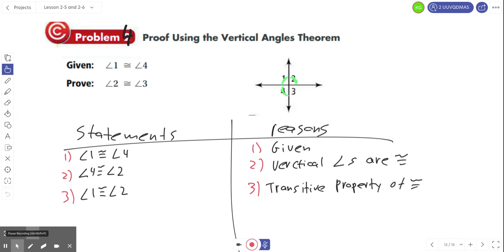So for step 4, now I want to show that angle 1 is congruent to angle 3. Well, that's pretty easy because they're vertical angles. So angle 1 is congruent to angle 3. And now I'm almost there.